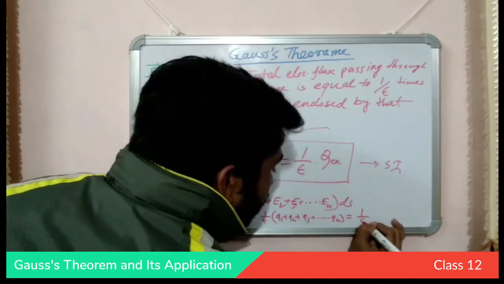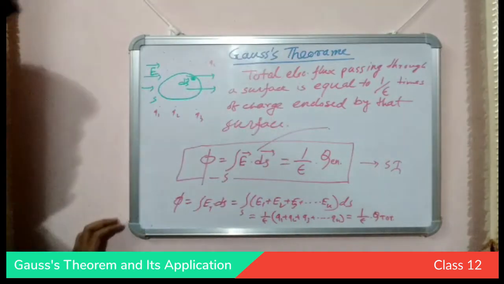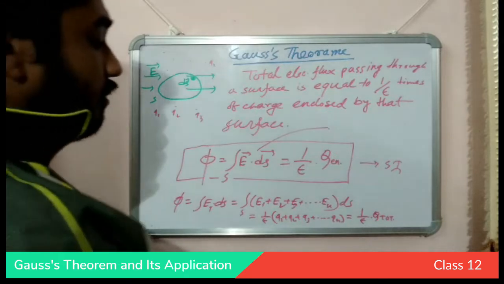So 1 by epsilon times of q total. This is the simple formula for multiple charges.